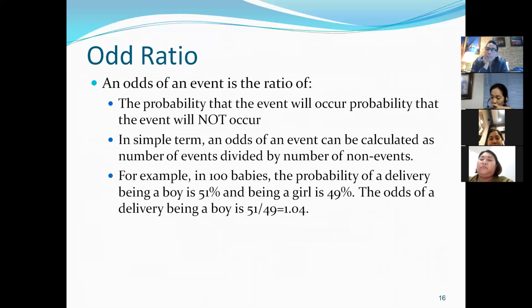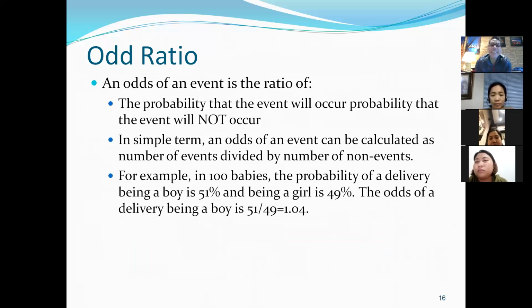So the odds basically here is that because it's a ratio, a 1:1 ratio means equal. An odds ratio of 1 still means the same. So in this case, an odds ratio of 1.04 is really, really low because it's just 0.04 above 1, right?